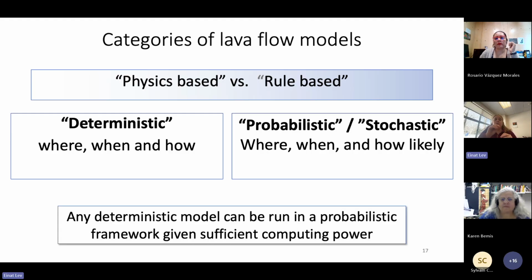It can be run in a probabilistic framework if you have enough computing power, where, for example, you draw the location of the vent randomly, or you draw the flux randomly from some distribution. So it's not clear cut, this is deterministic, this is probabilistic. You can always run a deterministic model in a probabilistic framework.